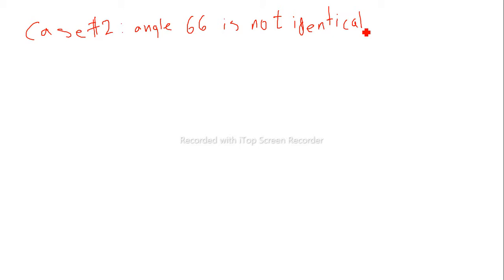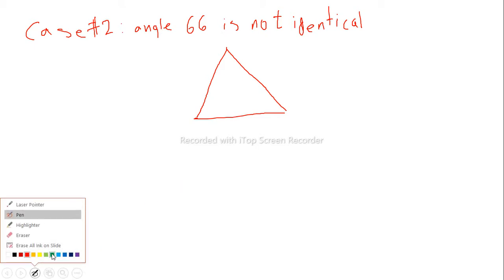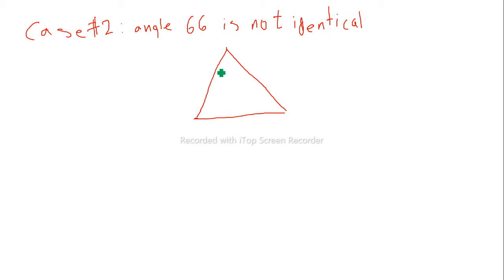Alright, so if that's the case, then we have this drawing where 66 must be in the middle. So this must be 66. So if this is 66, we know that this is also an isosceles triangle.